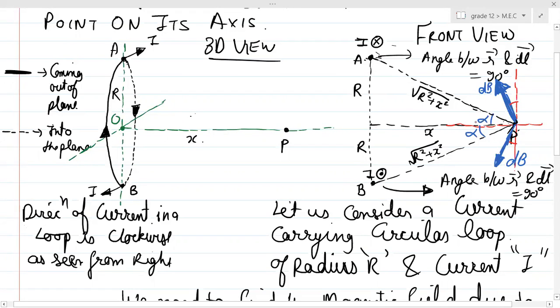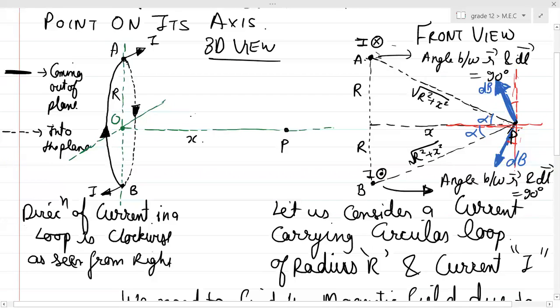Can you see this line is perpendicular to this line? So will it be 90 minus alpha? No, it won't be 90 minus alpha, it will be alpha only. See over here, can you see this red line is perpendicular to this red one?